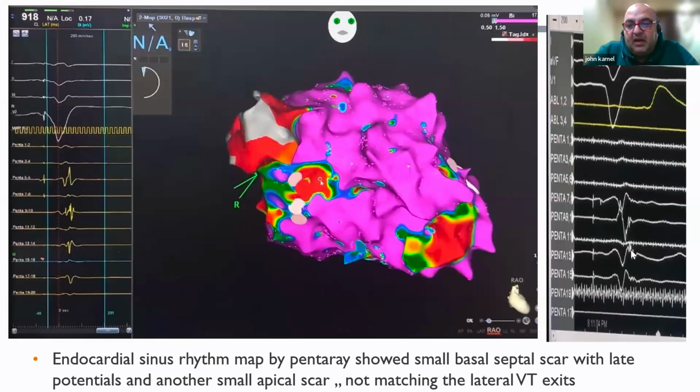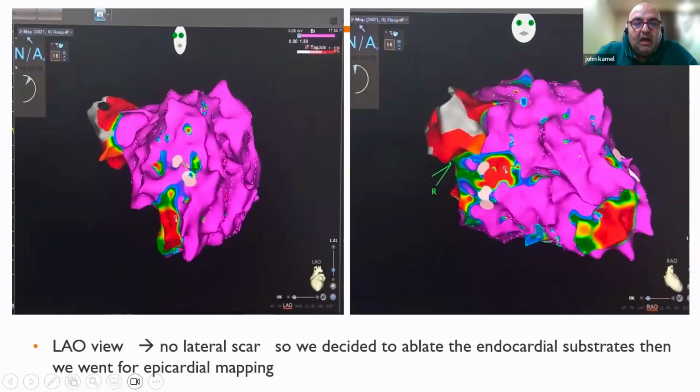With the PentaRay, in PentaRay 13 and 15, there is a post-systolic or late potential. We ablated this potential in the basal septum and in the apex, and then we did an epicardial access for epicardial substrate mapping.